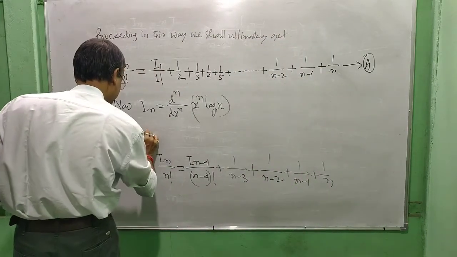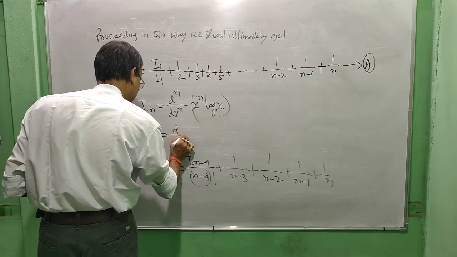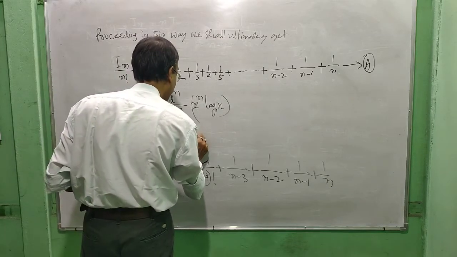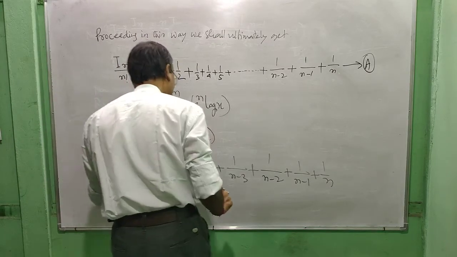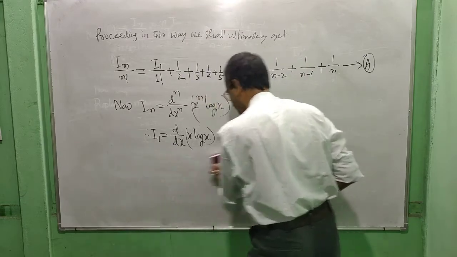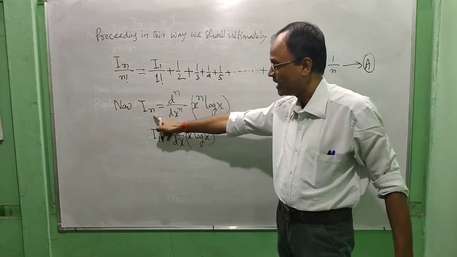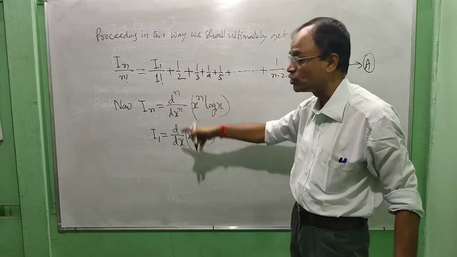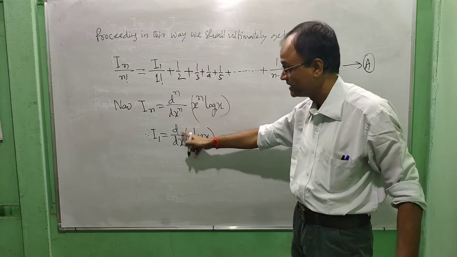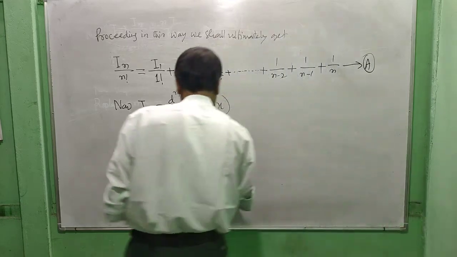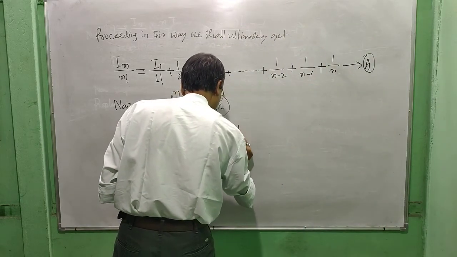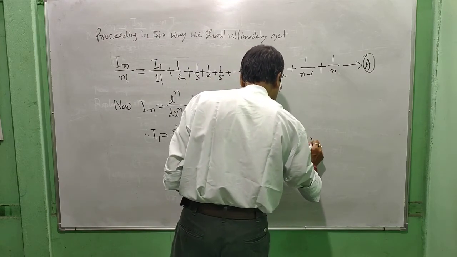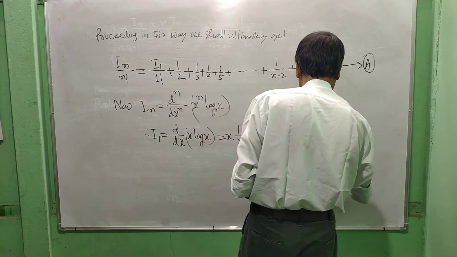Therefore, I_1 is equal to d by dx of, put n is equal to 1 here also, x log x. In the left hand side we have put n is equal to 1, in the right hand side also you will have to put n is equal to 1. d by dx of x log x is equal to x into 1 by x plus log x, which is equal to 1 plus log x, which can be written as log x plus 1.